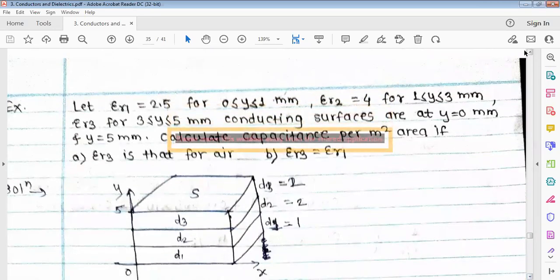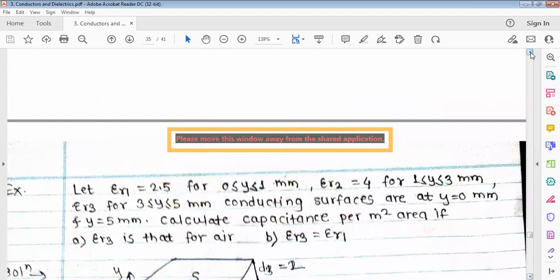Now write down this example. And one more thing, I uploaded all tutorials on Drive. I think I uploaded them last week only. Start writing all tutorials, because 6 tutorials are compulsory for everyone for the submission.